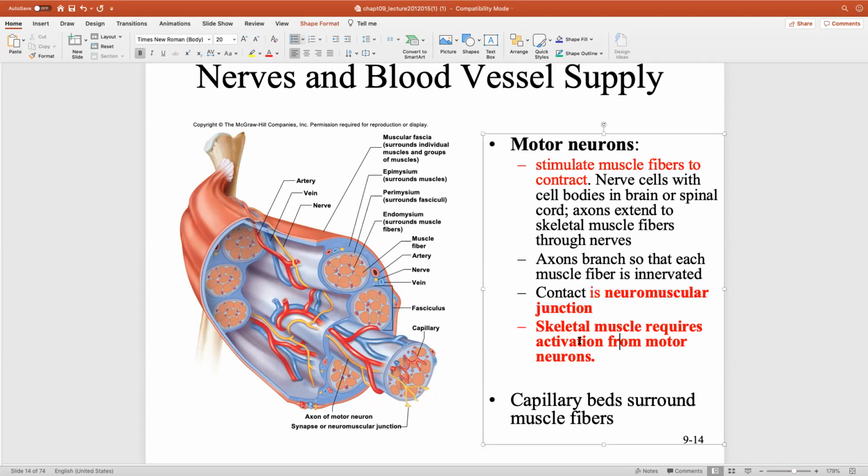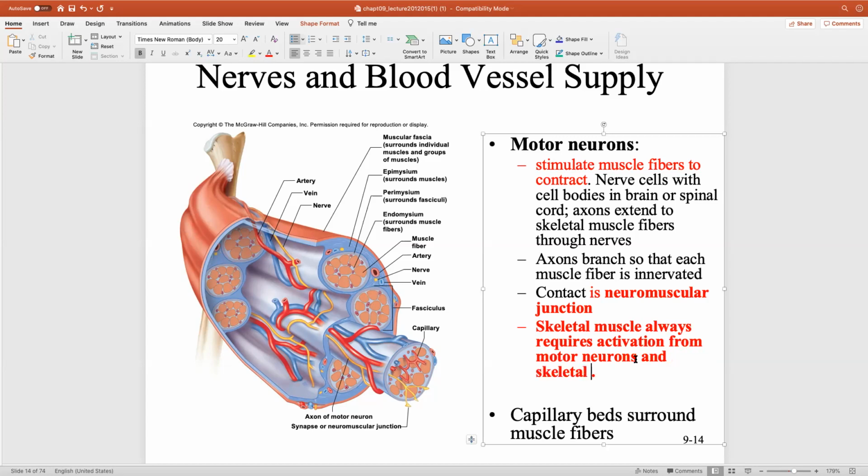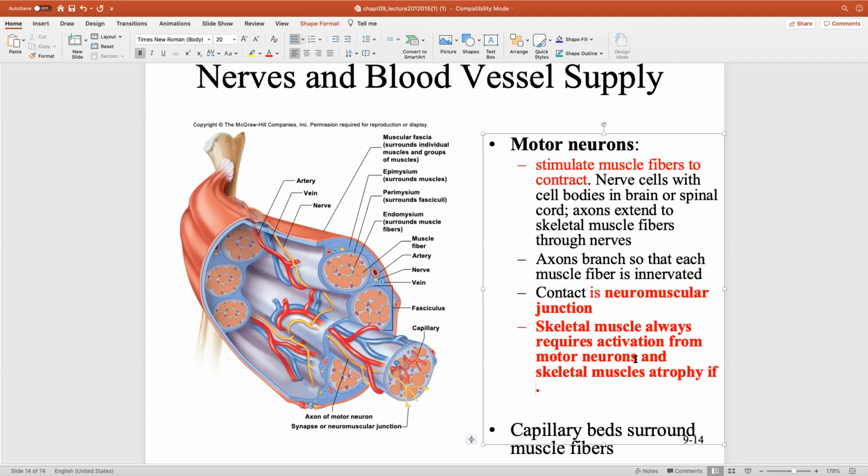Skeletal muscles always require motor neuron activation. And not only that, the skeletal muscles will atrophy if there is no motor neuron activity.